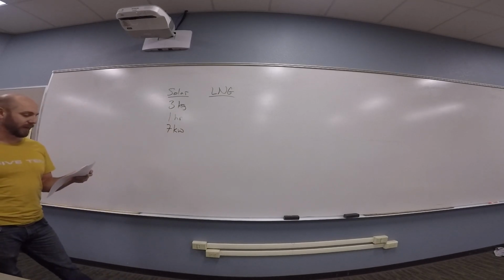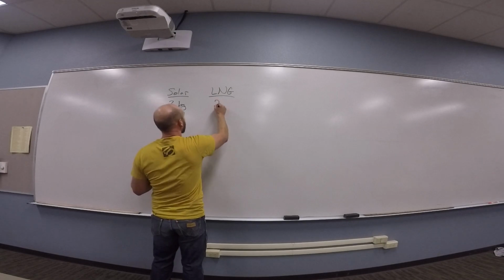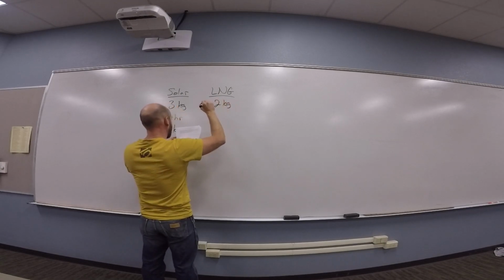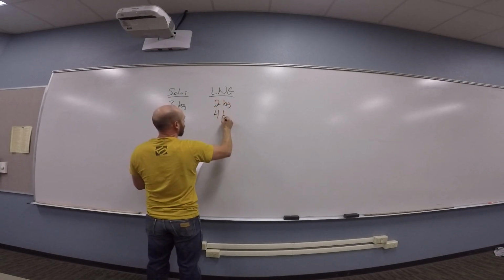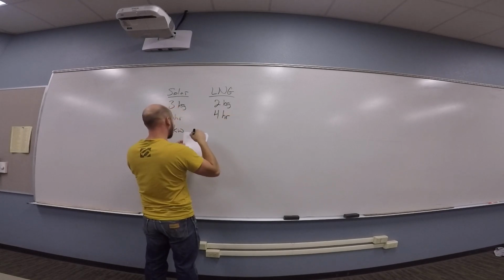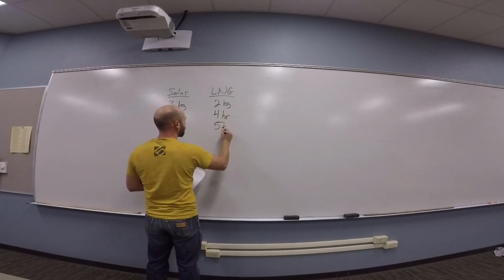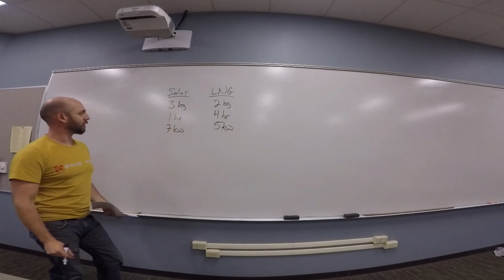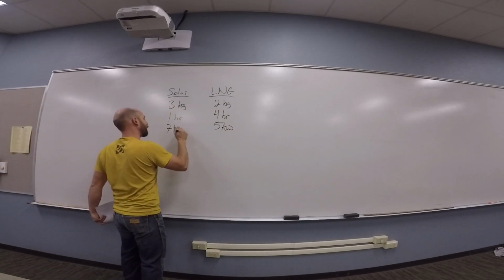And then natural gas requires 2 kilograms of raw materials, 4 hours of work, and 5 kilowatt hours. Sorry, 5 kilowatts per hour.